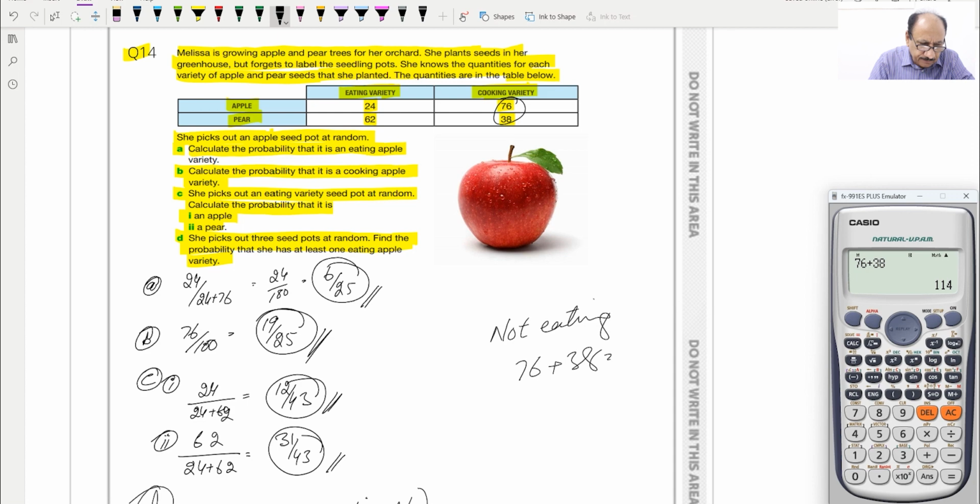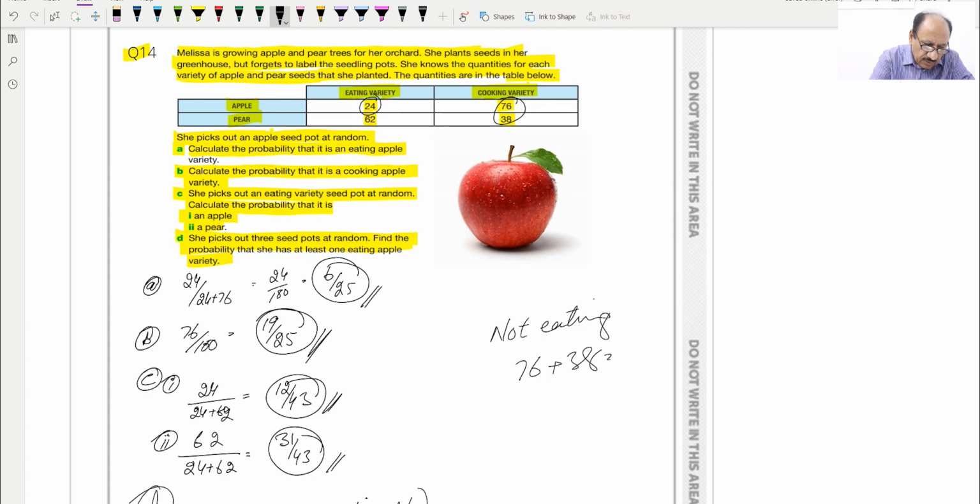So basically not eating is, 24 is eating, 24 is eating this one, right? And not eating we will calculate like this one. Not eating will be, 24 are eating.